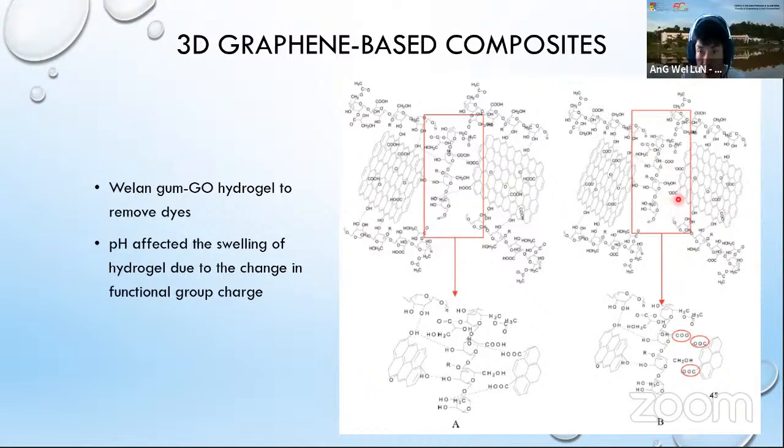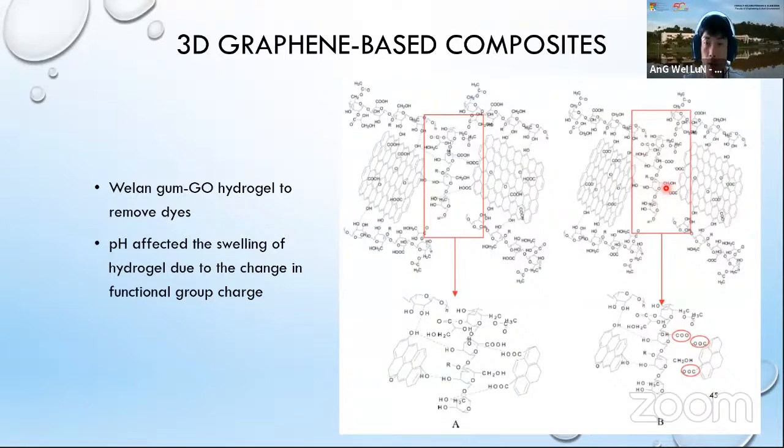So you notice that we have the COO minus. So the functional group is in the negative charge. This results in the increased repulsion force in the network, in between the hydrogel layers. Because of this negative charge, they are repelling each other. So your hydrogel will swell in the water.